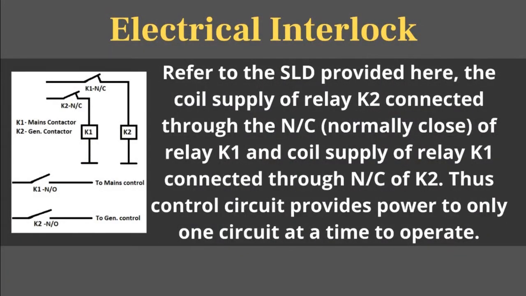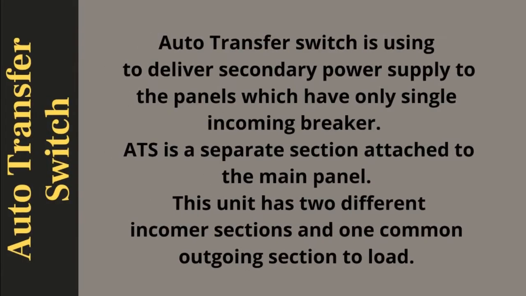The coil supply of relay K2 is connected through the NC, normally closed, contact of relay K1, and the coil supply of relay K1 is connected through the NC of K2. Thus the control circuit provides power to only one circuit to operate at a time. Relay K1 supplies the control of the mainstream incomer breaker and relay K2 the second incomer breaker. More details are provided in the automatic mains failure control system.